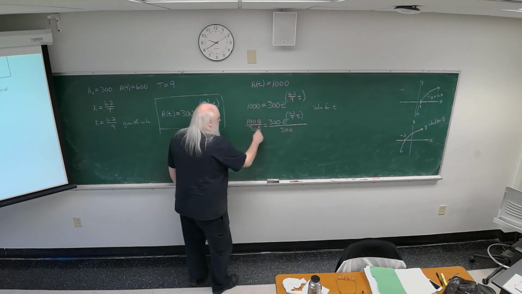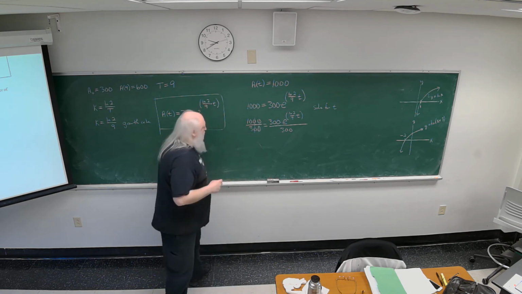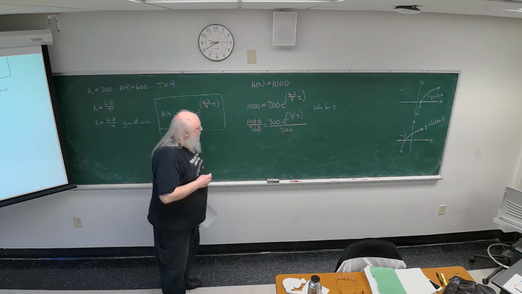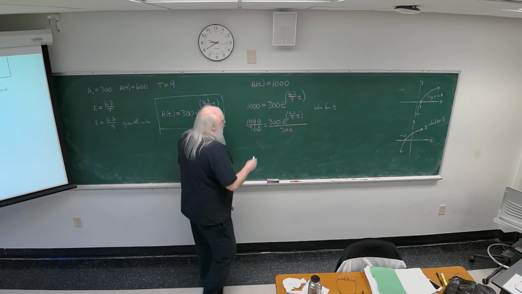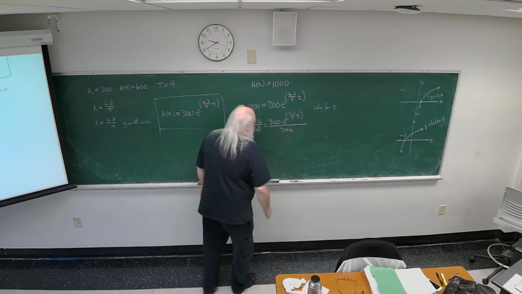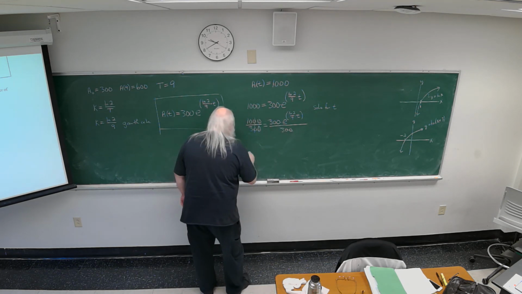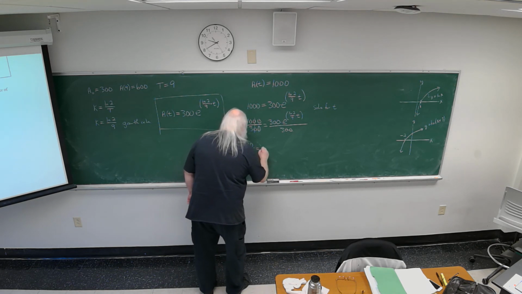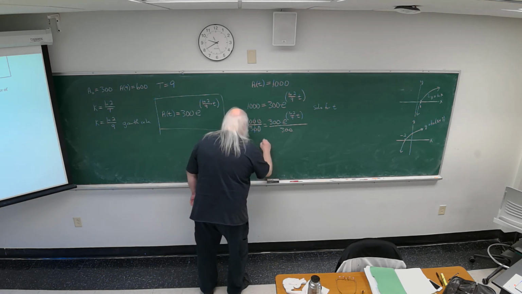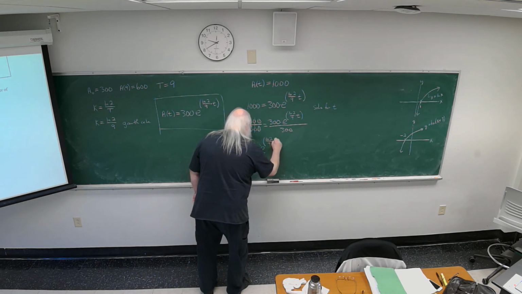On the left-hand side, 1,000 divided by 300 simplifies to 10/3, and the 300s cancel on the right-hand side. And so we have 10/3 is equal to e raised to the natural log of 2/9 times t power.